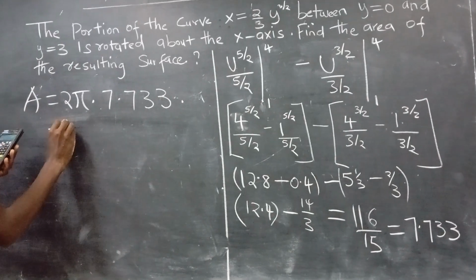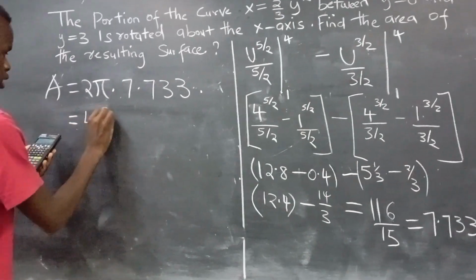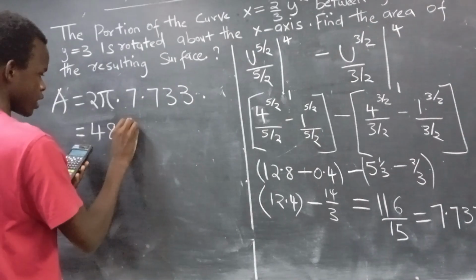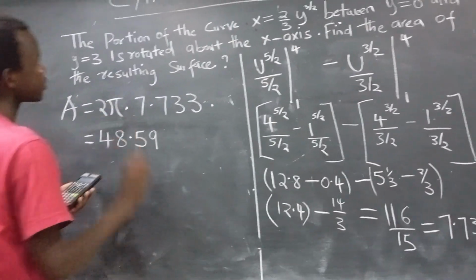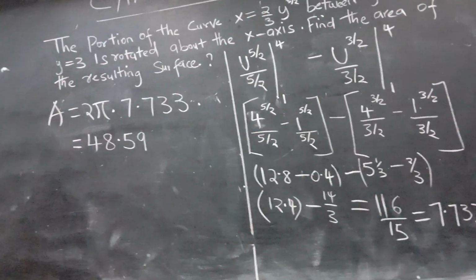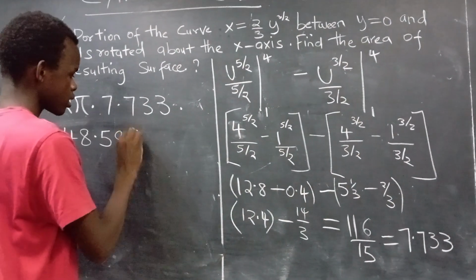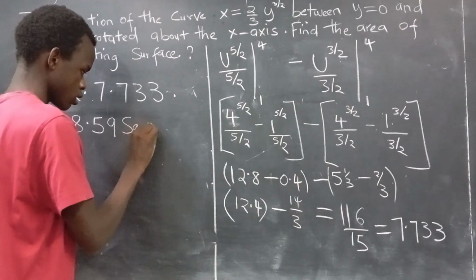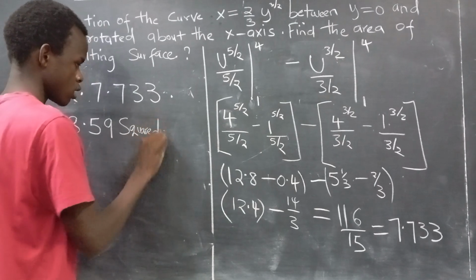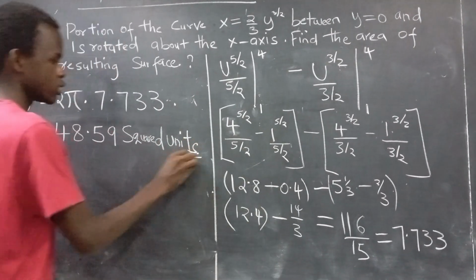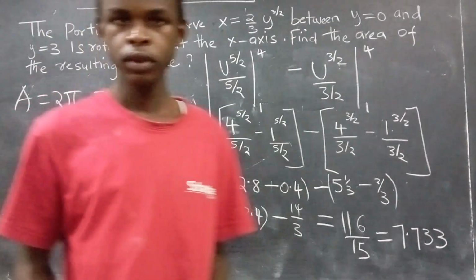My final answer will be 48.59, approximately there. We are talking of areas of surfaces of revolution, so it will be squared units. So this is our final answer.